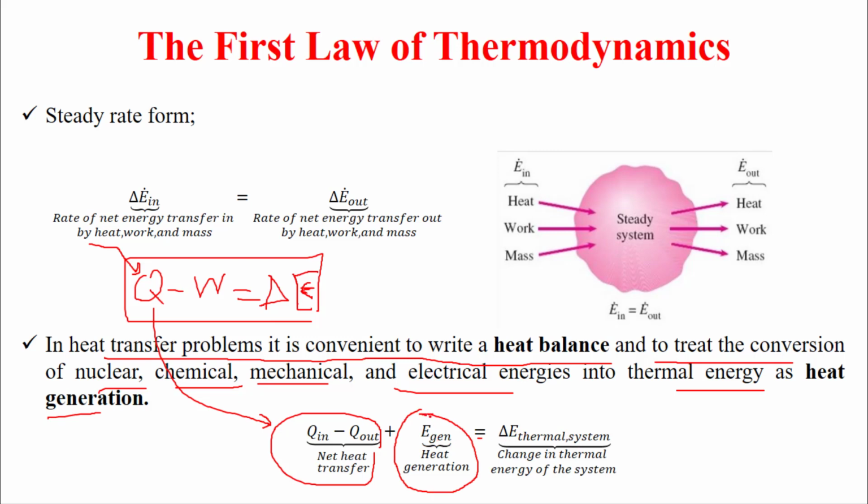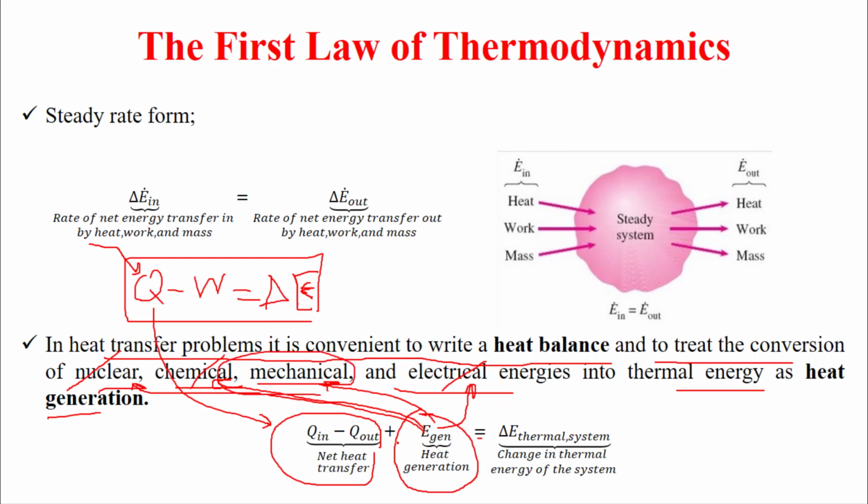This E generated could be due to electrical, mechanical, as we saw earlier in the thermodynamics part, or chemical, or nuclear. Usually we don't deal with nuclear, chemical, or electrical, so we end up with mechanical.